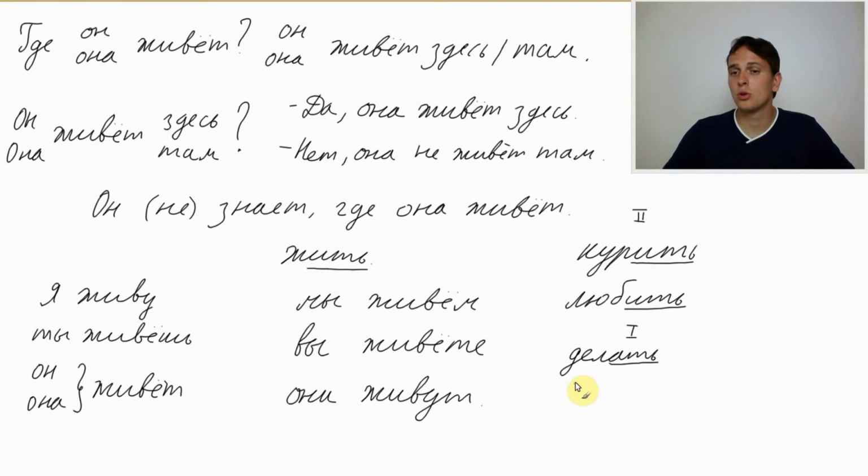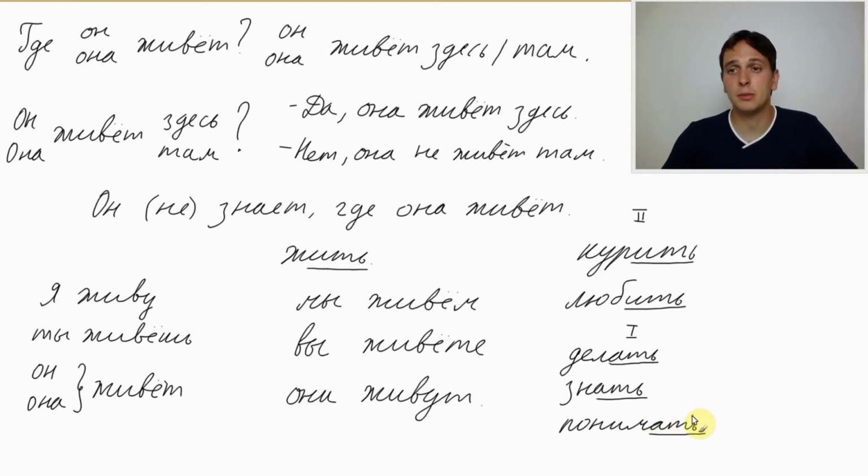Знать, to know. Ends in ать. And понимать, to understand. Ends in ать. Try to conjugate it by yourself.